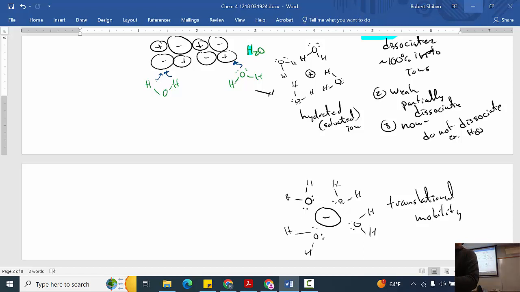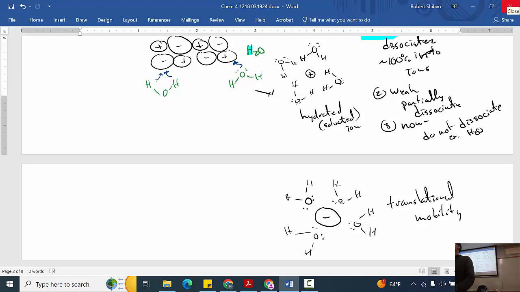This would be strong. But it's the same stuff. It's just different concentrations. And so we're just going to call sodium chloride a strong electrolyte because it dissociates. Whether it's a great conductor or not just depends on its concentration. Does that make sense? Because we're going to say if it splits up 100% into ions, it's a strong electrolyte.